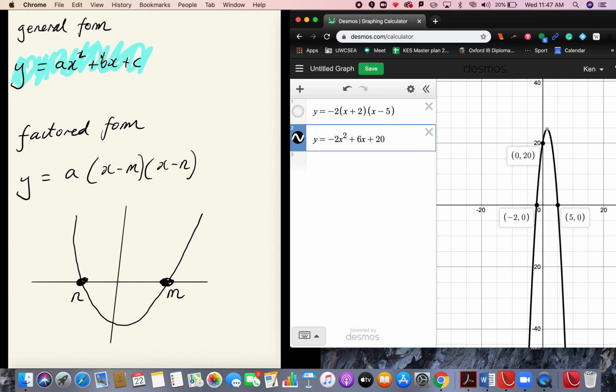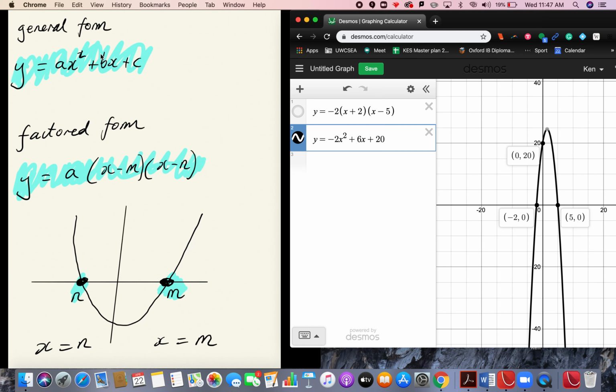But if we put it into factored form like this, and remember we need that little a there as a kind of scaling up, making it stretch the graph, then all we have to do is find the zeros, n and m. We start by saying x equals n and x equals m, and it doesn't matter if they're positive or negative.